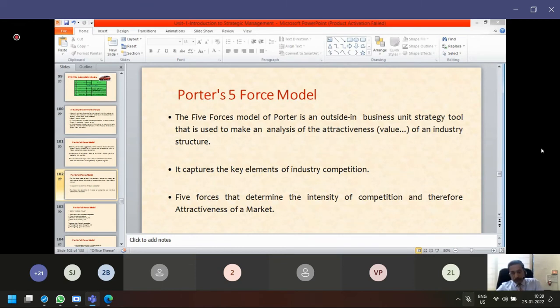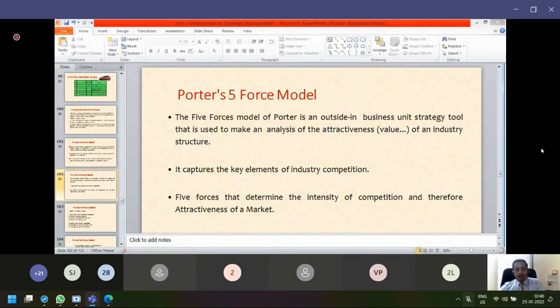So for analyzing a particular industry, we make use of this model to find out whether that industry is attractive or not attractive for doing business. This captures the key elements of industry competition. These 5 forces determine the industry intensity of competition and therefore the attractiveness of the market.